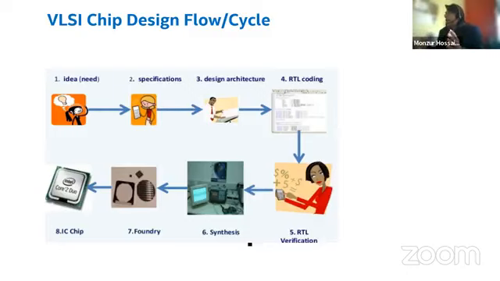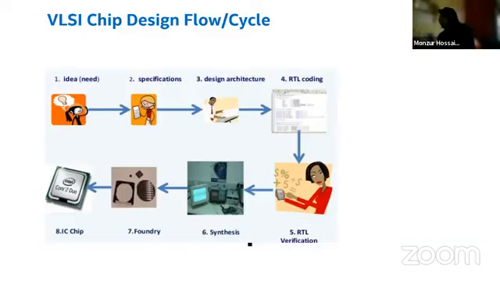Then he develops a specification of that chip, meaning what it will do and what kind of power it will consume. Once you have the spec developed for your intended chip, you write the architecture and RTL. There is a set of engineers who write the architecture and RTL for that chip in a language.